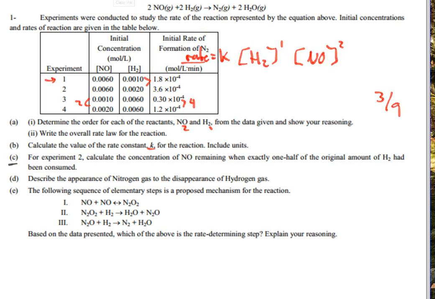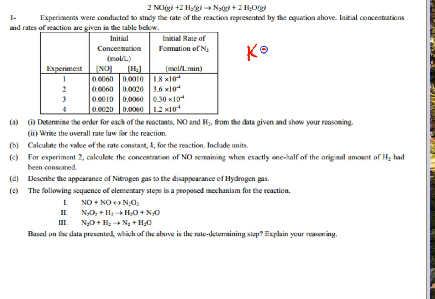Okay, let me write that over. So K will equal rate divided by the concentration of H2 and NO squared. So I just plug stuff in where it goes. All right, the rate is 1.8 times 10 to the negative 4. I'm going to plug all that in right here.